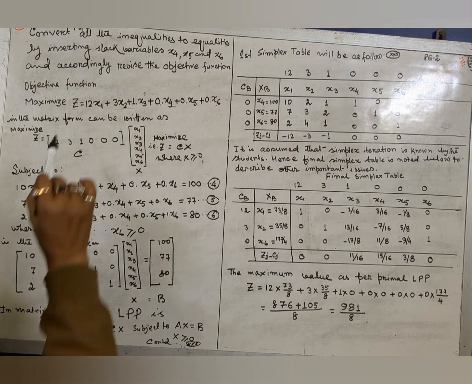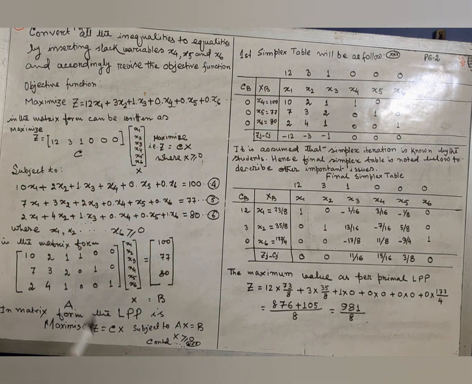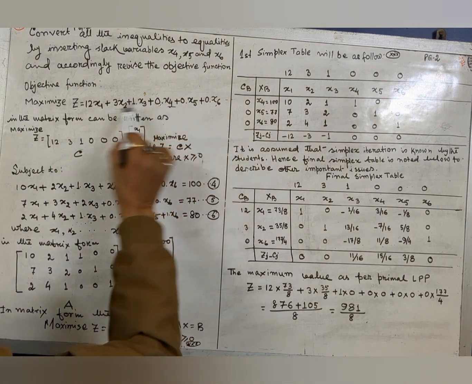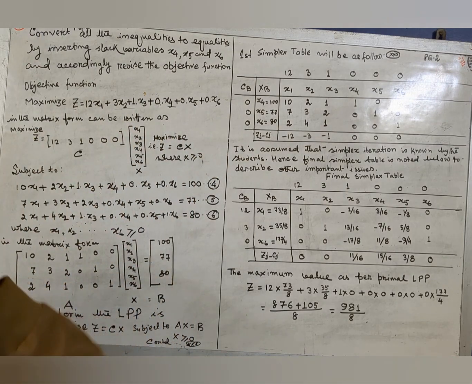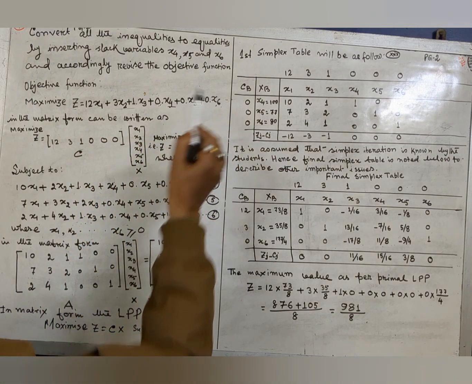They will not maximize or give any contribution to it. That's why the revised objective function after incorporating the slack variables will be like this.